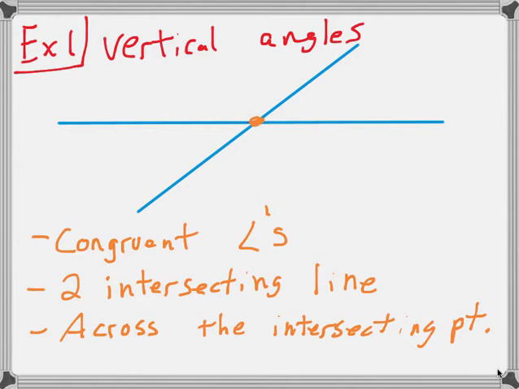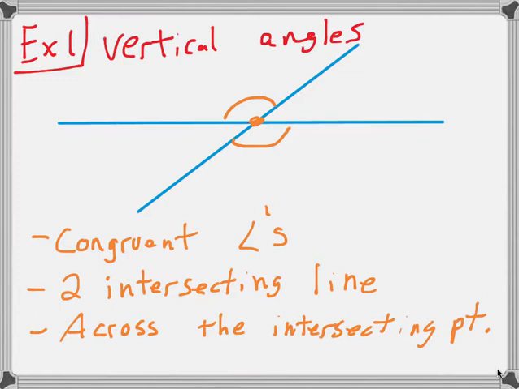If you got two lines that intersect at any one point, we see that the two angles across from each other, across the intersecting point, are the exact same size.